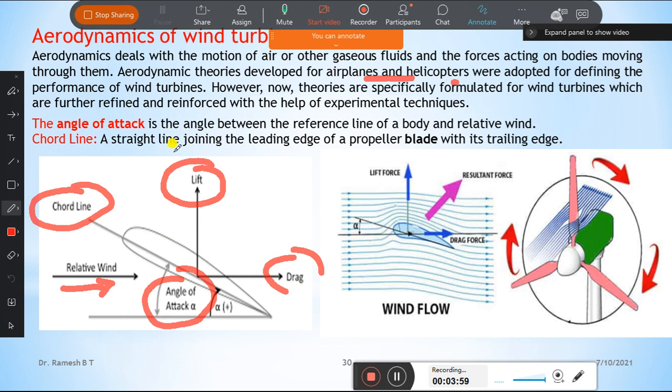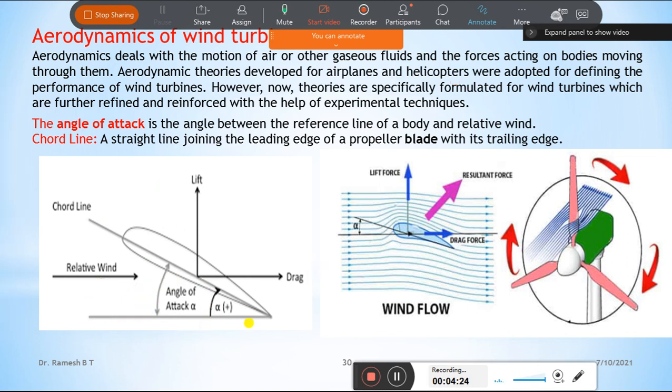The angle of attack is the angle between the reference line, or chord line, of the body and the relative wind.